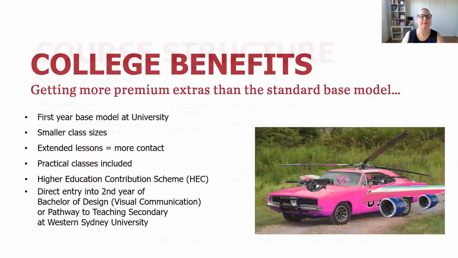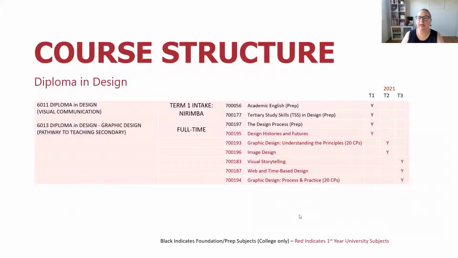No, it's coming. Okay. So I will show you this, but it takes a little while to get your head around it. I know it did when I first saw it. So this is what you call a pattern of study. And it's the subjects that you do in order as you go through your course. You can see over here, 6011 and 6013 show the difference between the diploma in design and the diploma in design, graphic design pathway to secondary teaching.